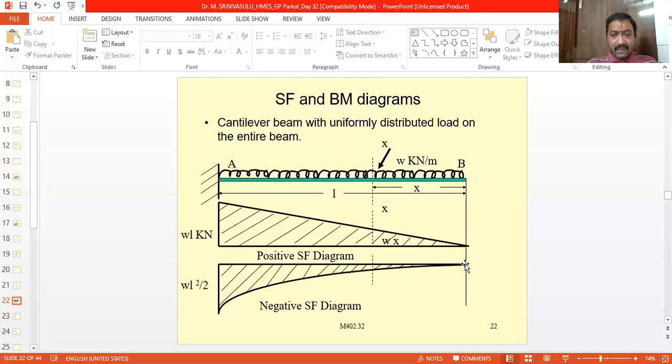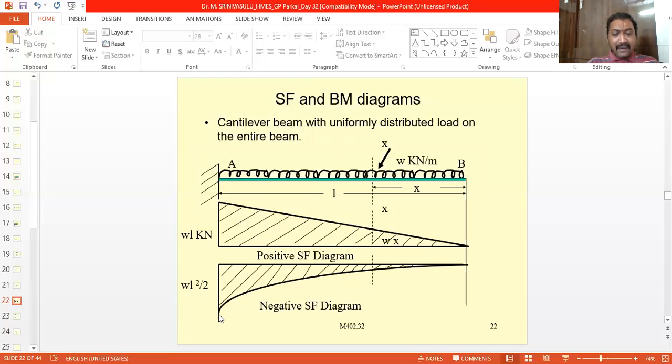This is a point, and the bending moment at x is equal to minus W into x square by 2. So that means minus W into x square by 2. And what is the value of the bending moment at point A? At point A it is equal to minus W into L square by 2.